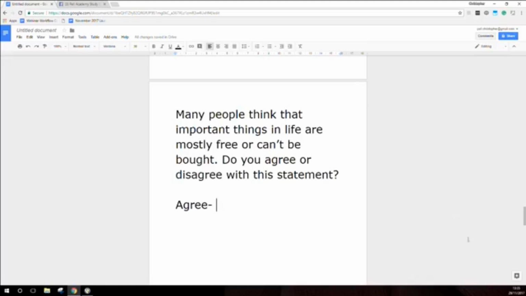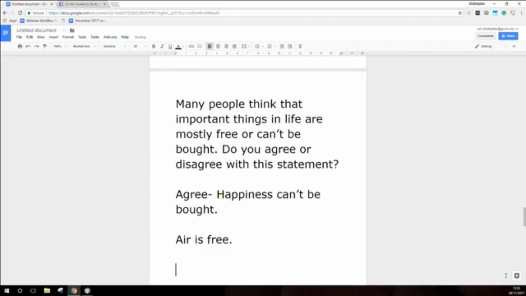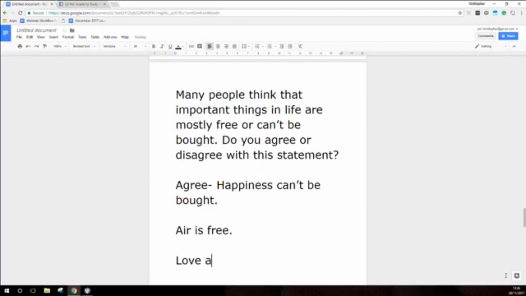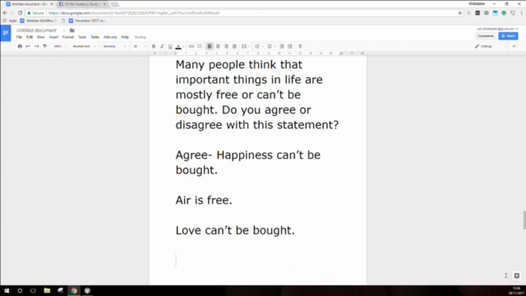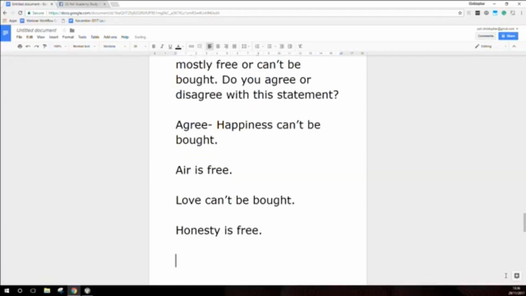Okay, so happiness can't be bought. Air is free. Love can't be bought. That's very, very debatable. Maybe true love. Honesty is free. Personal feelings do not depend on money.